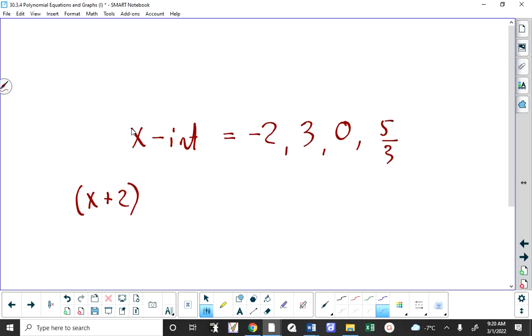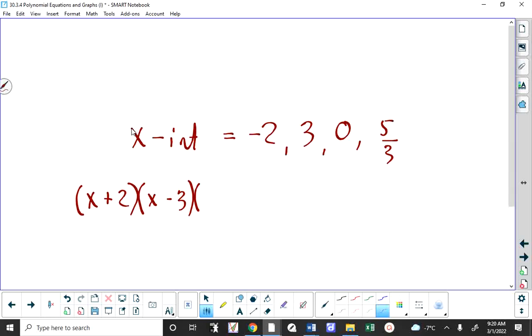If 3 is a zero or an x-intercept of the entire function, then 3 must be a zero of one of the factors of the function, which means that x minus 3 is a factor, and on we go. If 0 is a zero, you got to really think about what I'm saying there.